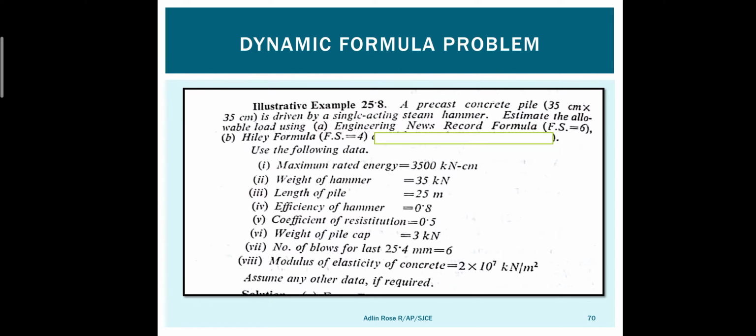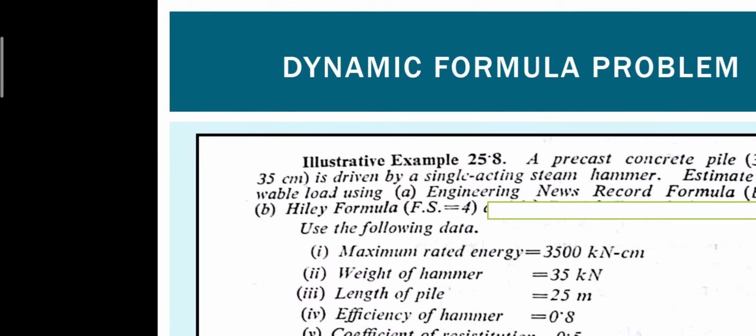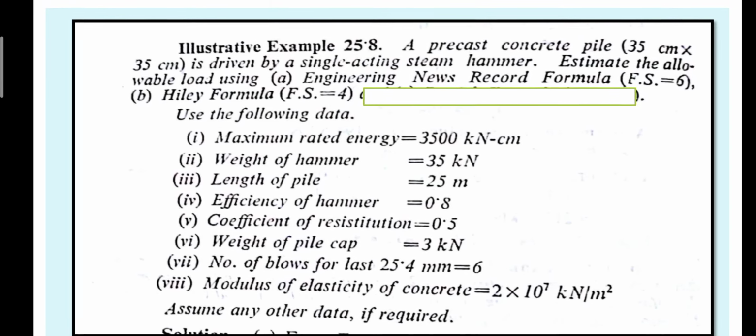Number of blows for last 25.4 mm is equal to 6. Modulus of elasticity of the concrete is equal to 2 into 10 power 7 kilonewton per meter square. Assume any other data required. Okay. Efficiency of the hammer and coefficient of restitution are all given in the question itself. Okay, so we will solve the problem.